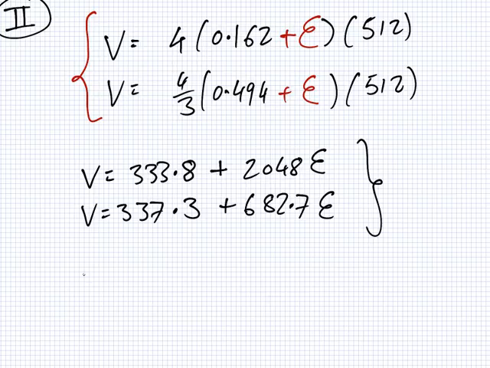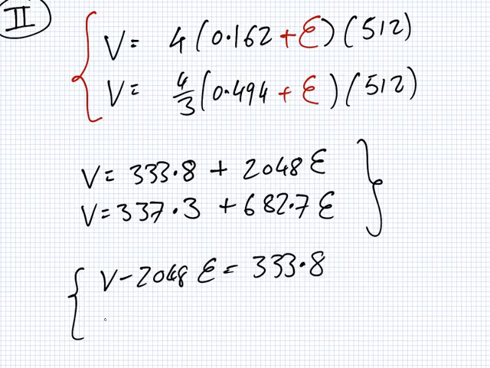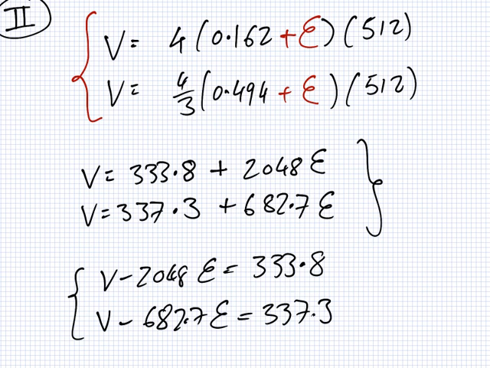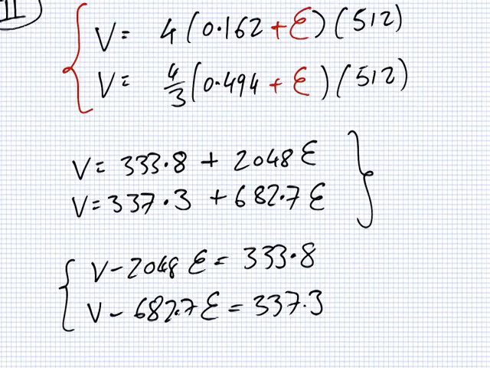So I can just write this as 2048 E, and I'll bring it to the left: V minus 2048 E equals 333.8, and V minus 682.7 E equals 337.3. Now I get the answer here.